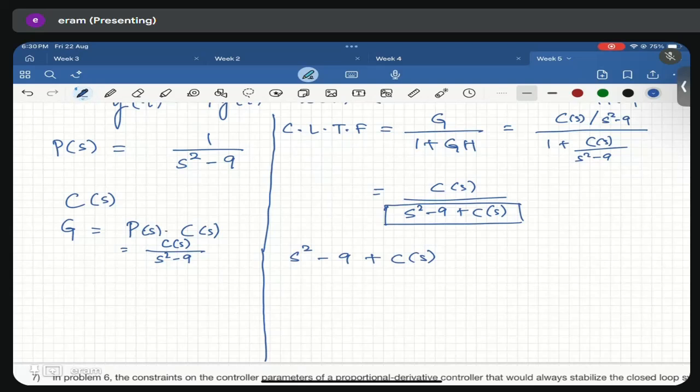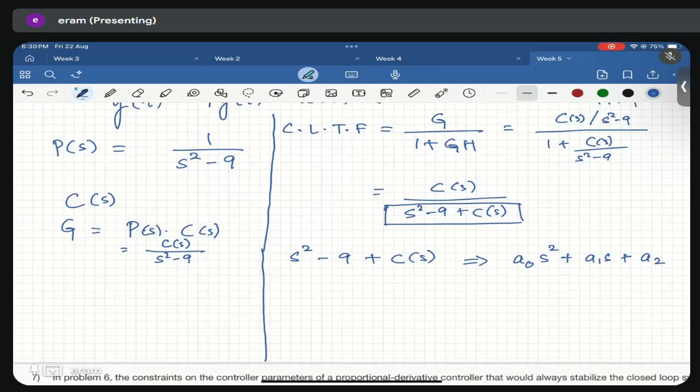First we can see that there is a missing coefficient of s. That is, first we need to ensure that all the coefficients of the polynomial are present. Now if we compare it with a0 s square plus a1 s plus a2, a1 is 0.